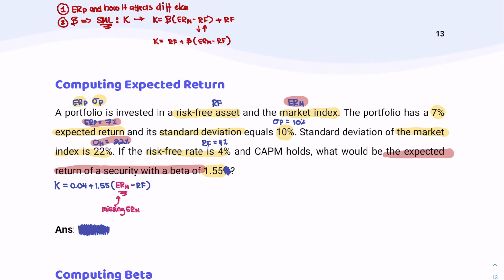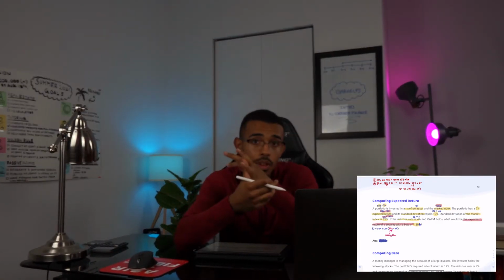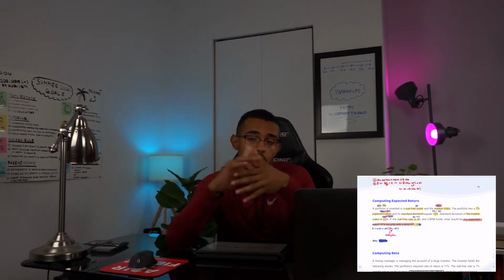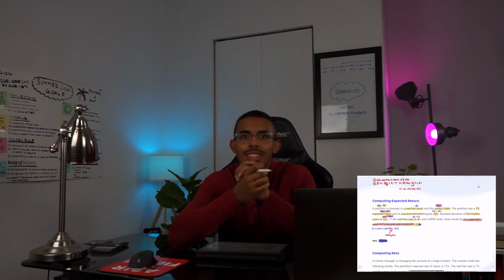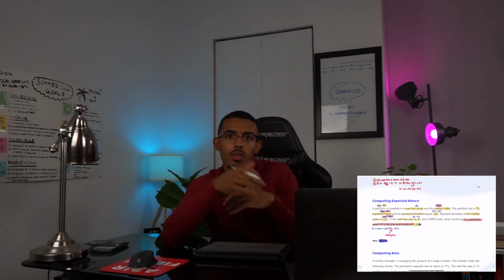So with that being said, what we need to do now, because we've identified what we know, what we have, and how possibly we could get to our expected rate of return, which is K, we know that we need to get to ERM, okay? We need to get to this second element of our portfolio.